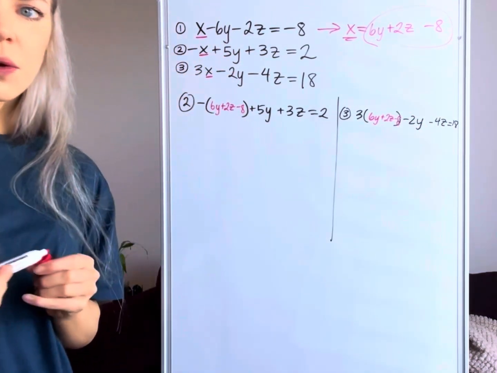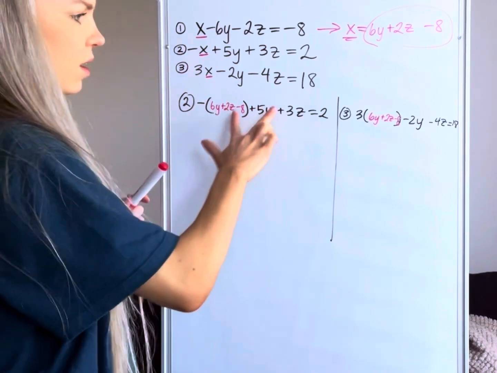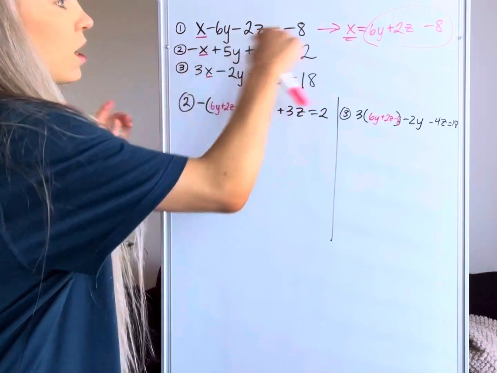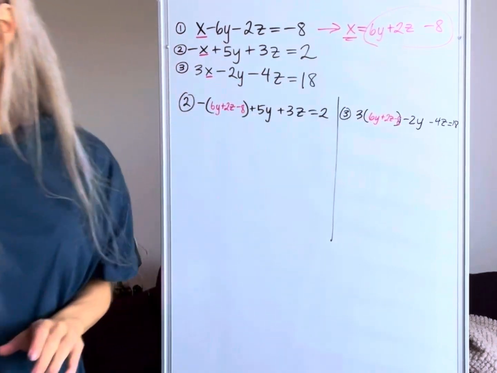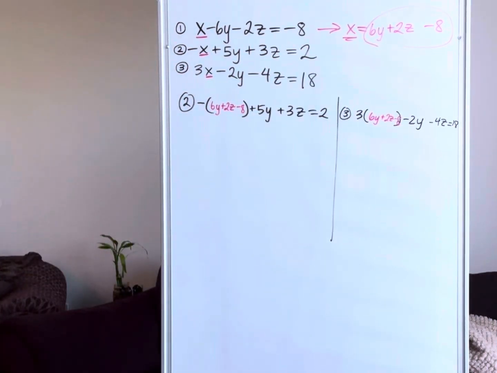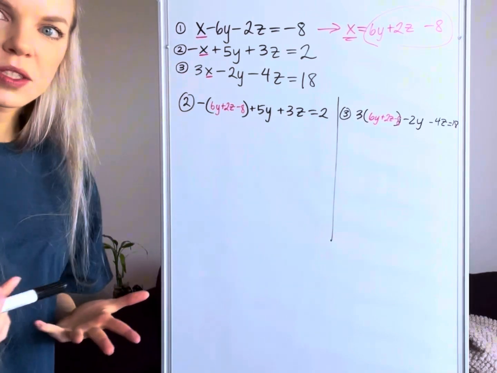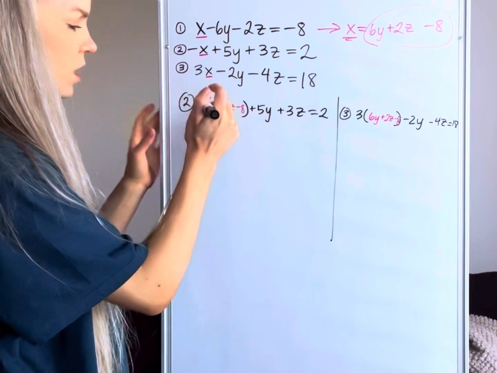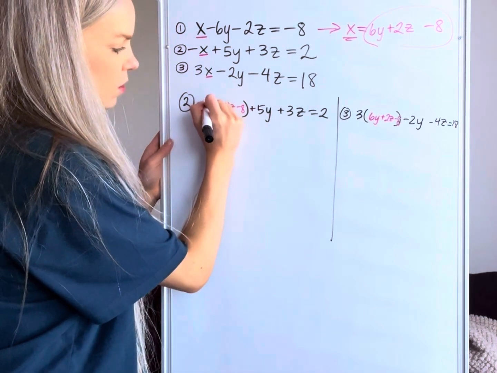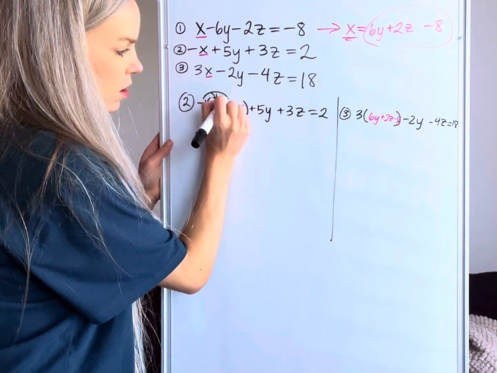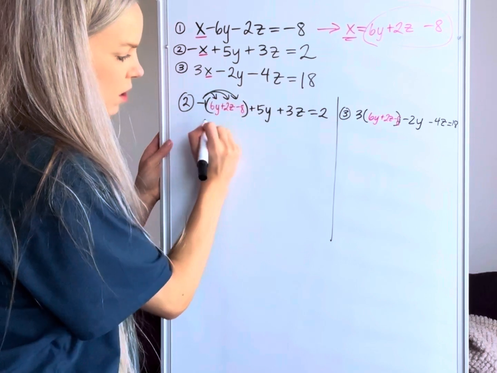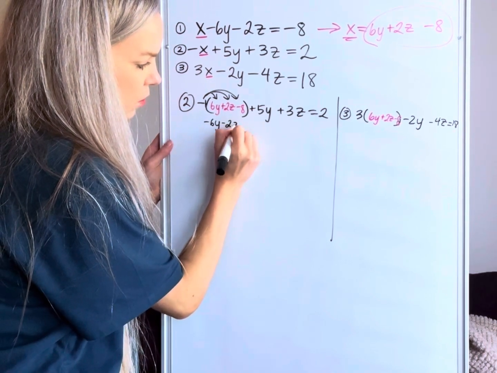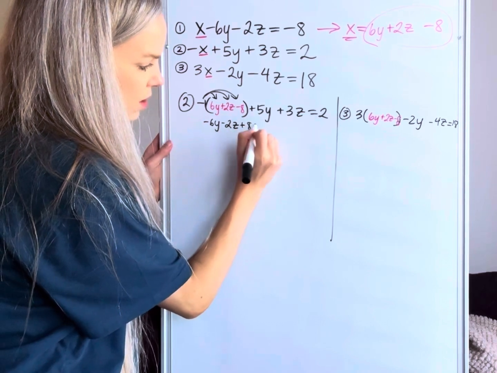Right? And so now we're going to simplify all of these. All we've done so far is substitute the x using our first equation. And so you're going to clean both of these up as much as you can and keep them in standard form. That's going to be the easiest. For this side, we need to distribute a negative 1, the invisible 1, and that becomes negative 6y minus 2z plus 8.